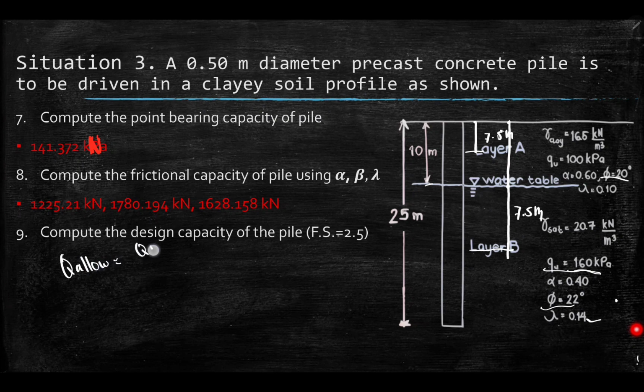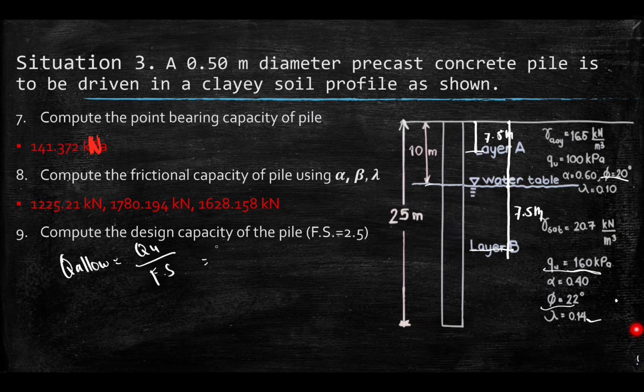Given naman na yung formula niyan, na QU over Fs. So, ang gagamitin ko lang na QU dito is in terms of alpha. Kayo na lang maghanap ng allowable capacity in terms of the beta method and lambda method. So, ang QSF na gagamitin ko for this problem is alpha method, okay?